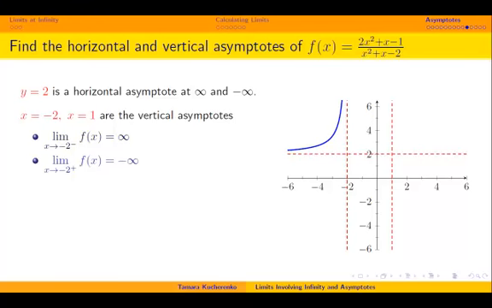The limit of f as x approaches negative 2 from the right is negative infinity. So the graph has to decrease along x equals negative 2 on the right. We know that the graph goes from point 1/2 on the y-axis because f of 0 equals 1/2.